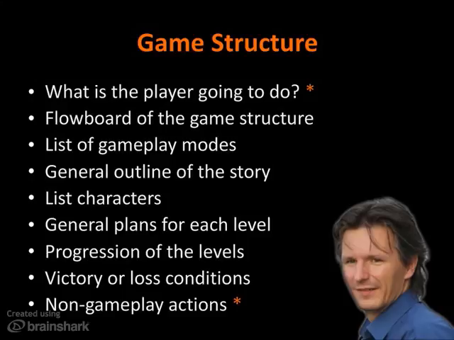You can draw general plans for levels. You can write progression for the levels. You can define victory or losing conditions. And finally, you can decide what non-play actions can be done.